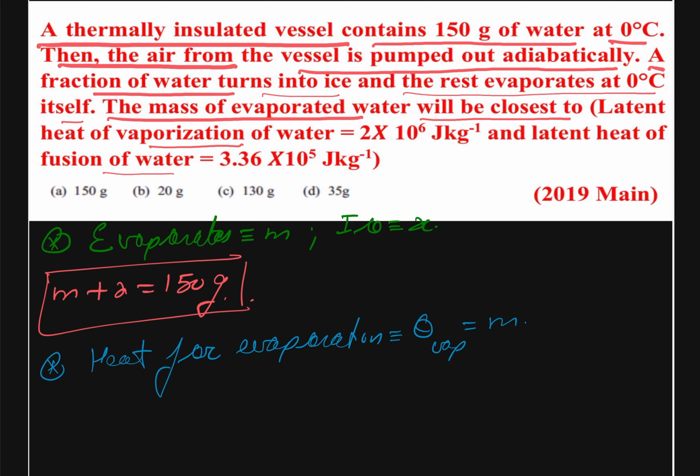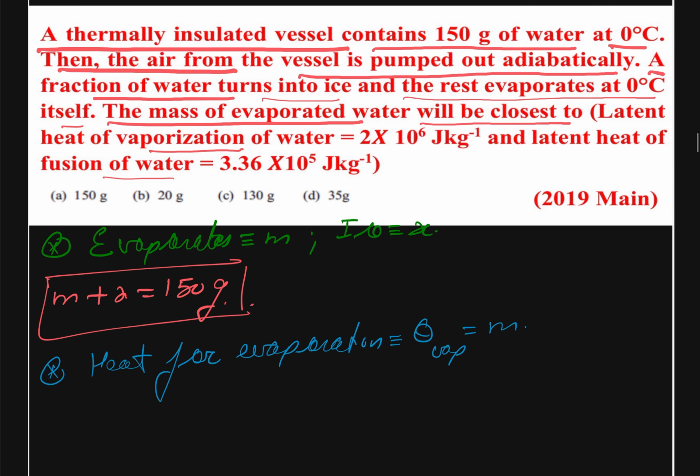Latent heat of vaporization, something is missing.